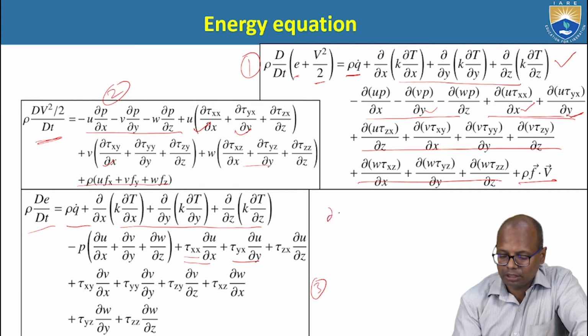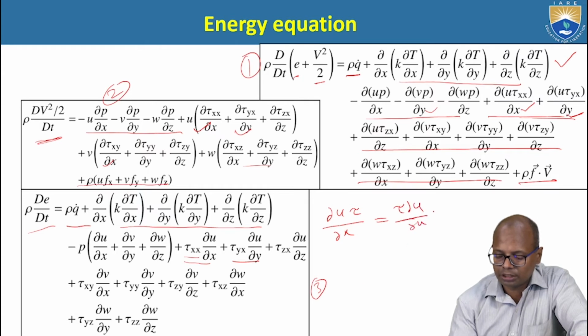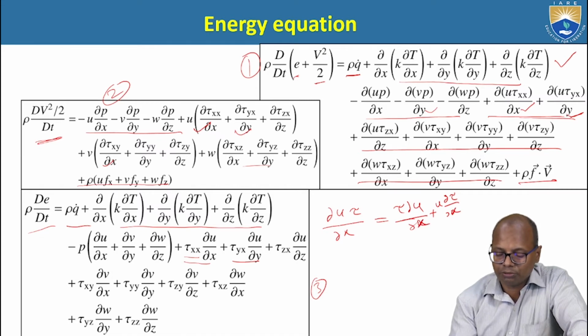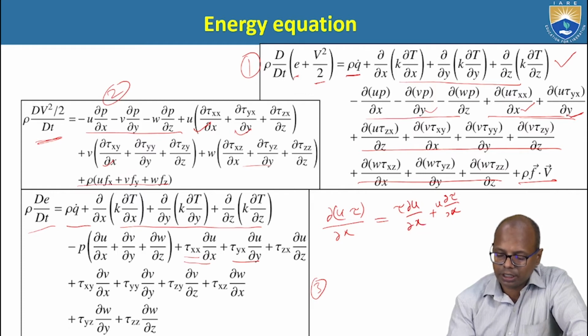I am writing dou by dou x of tau u, which is equal to tau into dou u by dou x plus u into dou tau by dou x.